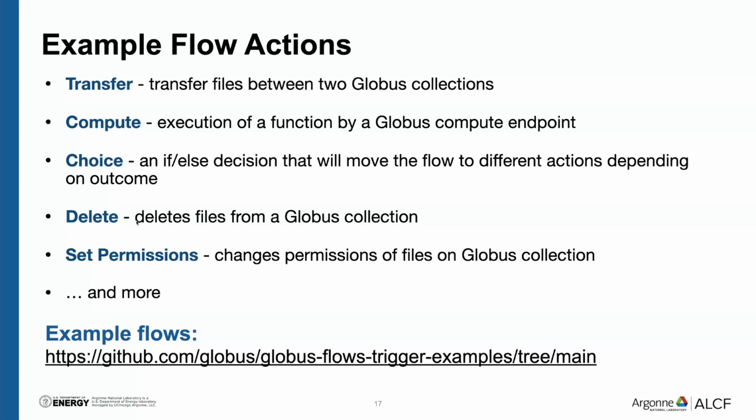And then there's a whole host of actions associated with data management on a Globus collection. So for example, if you want to delete some files, or if you want to change the permissions of some files, there are actions associated with those kinds of things as well. And you can find a whole host of example flows with different actions in this repository here, hosted on GitHub.